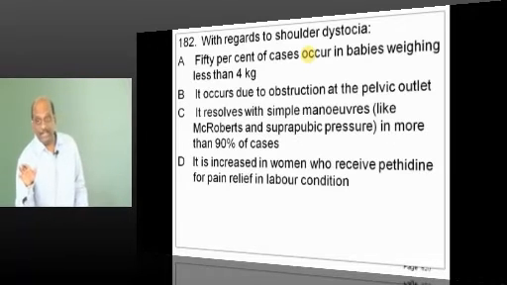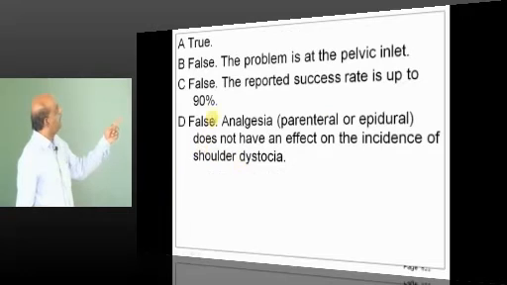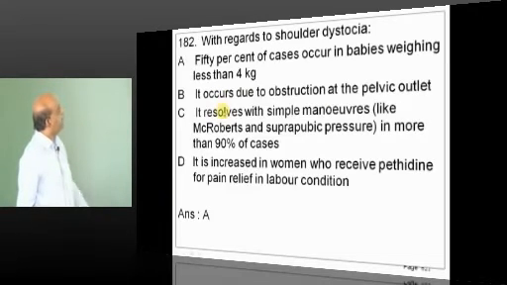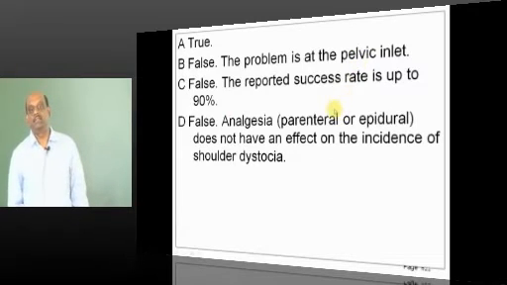Any other option in this to contradict? B. It occurs due to obstruction at the pelvic outlet, you want to say? Oh my God. The problem is at the pelvic inlet, not outlet. No, sir.